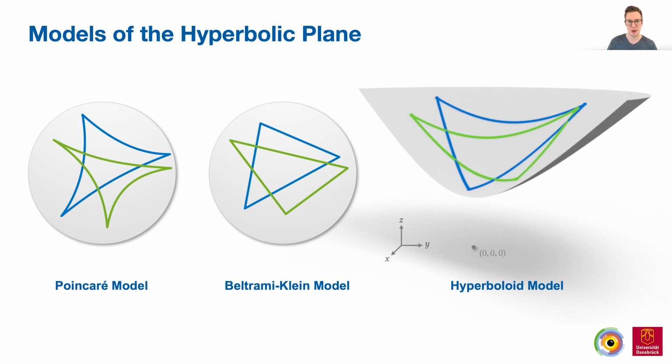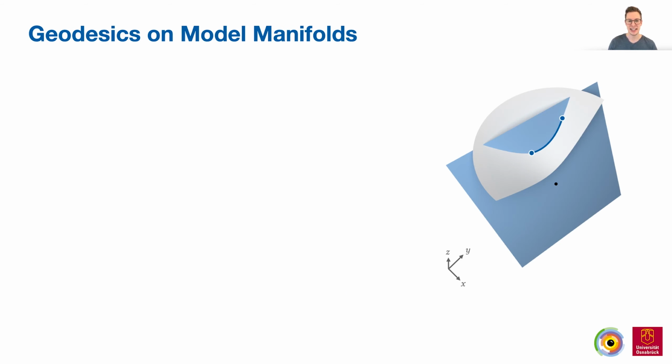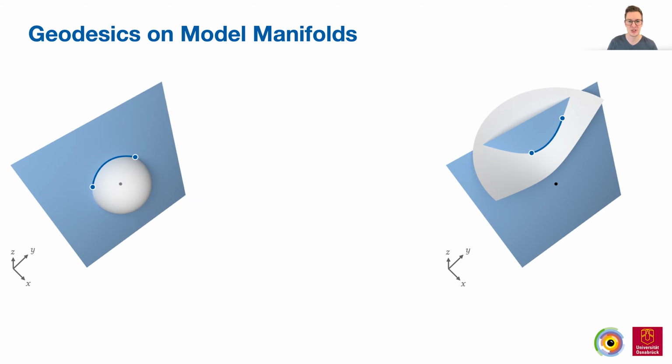So geodesics in this model are constructed by taking the plane through 2 points and the origin, and then intersecting this plane with the hyperboloid. This is nice because geodesics on the sphere are constructed in the exact same way, as an intersection of a plane through the origin with the sphere itself.